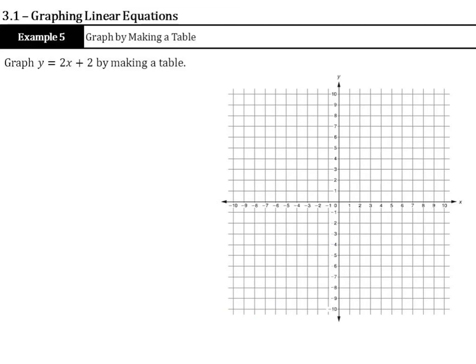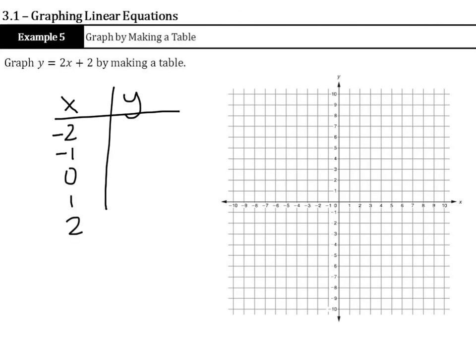Graph y equals 2x plus 2 by making a table. If we make a simple x, y chart here, I would encourage you to let x be -2, -1, 0, 1, and 2.